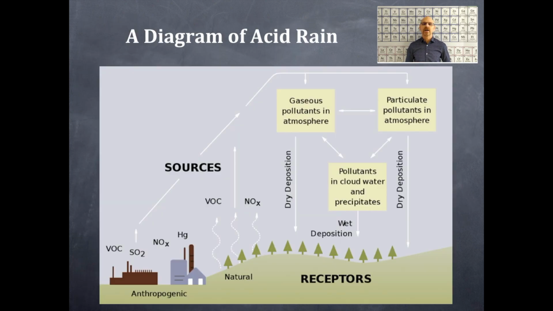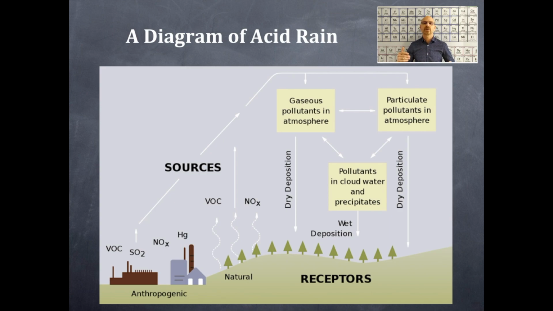Here's a diagram of acid rain, and SOx and NOx are essentially what produce acid rain. I want you to look at this here. We have a variety of different sources that cause acid rain. Production facilities, chemical plants, just industry in general.